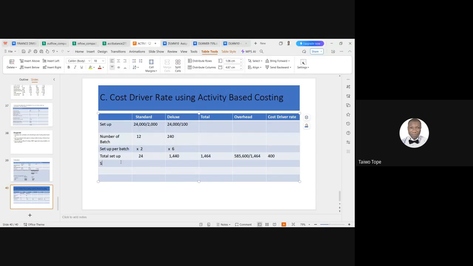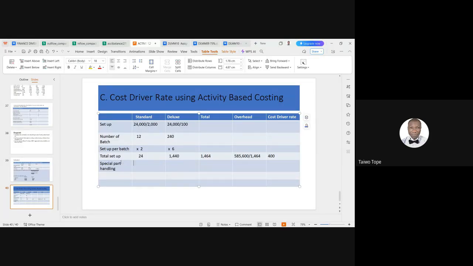So special part handling. For standard, since it is based on per unit, we relate those values to the overall units produced.